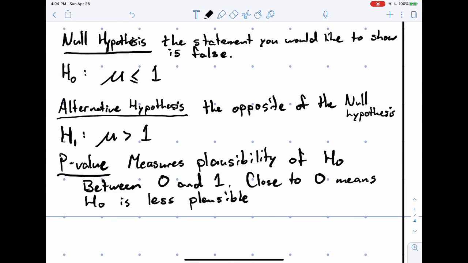And if it's close to 0, then you conclude that H naught seems less plausible. So you have to reject the null hypothesis and go with the alternative hypothesis.